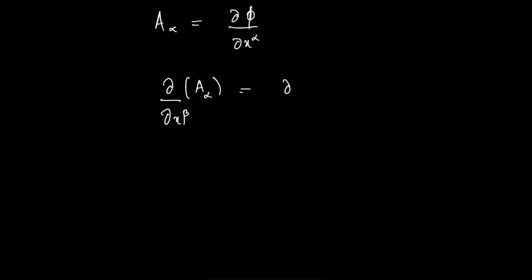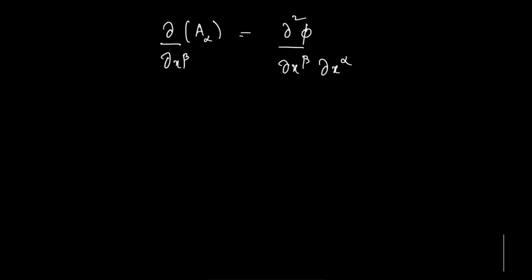That will be, so right hand side also I have to take the derivative with respect to x beta. So already one derivative is there, therefore I'll write second derivative, right? So first I am taking a vector A alpha to be the gradient of a scalar function. Then I take the derivative of A alpha with respect to x beta.